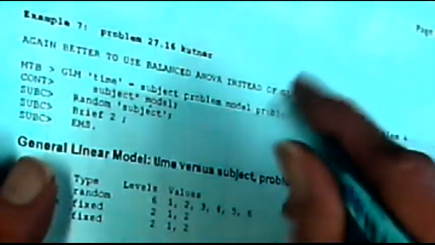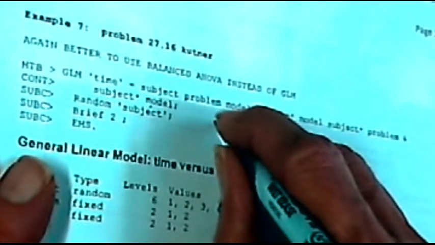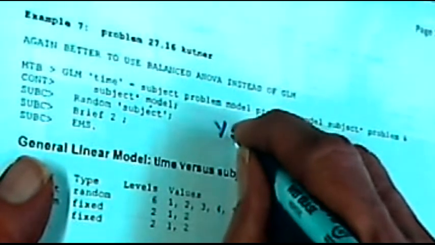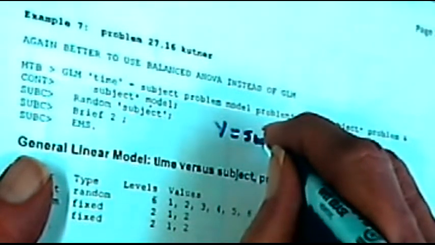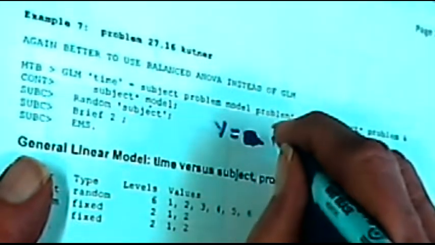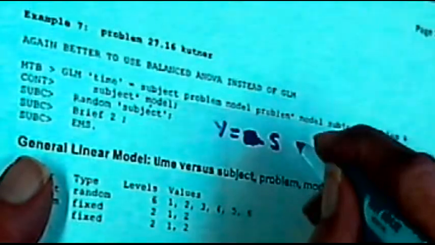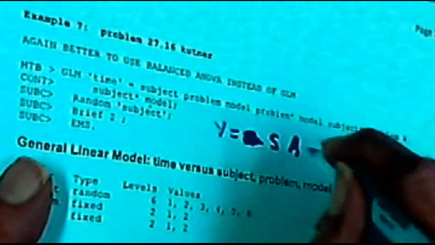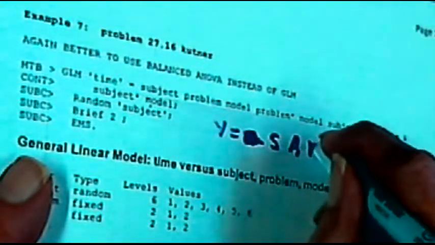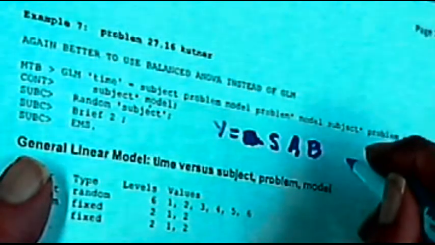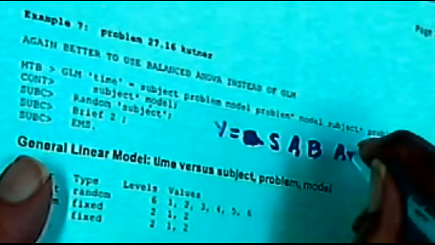So anyway, the detail that's being specified here is y equals, let's call it S for subject. Subject, problem is factor A, model of calculator is factor B, then we have A times B interaction.